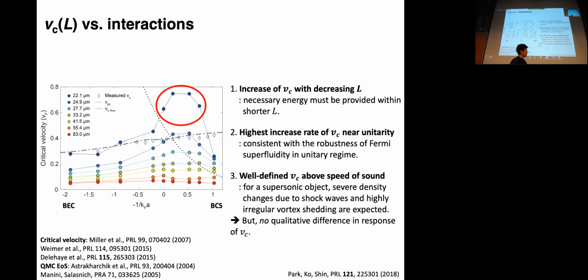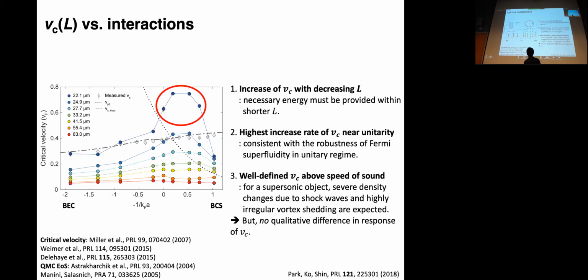The third observation is that for the shortest travel distances that we explore in our experiment, we see rather well-defined vortex shedding critical velocities that exceed the speed of sound. And although in this data set it's only shown near the unitary regime, if we further reduce the optical travel distance, we can also see them on the BEC side of the resonance. And if you think about it, that's kind of surprising, because for a supersonic object, you expect to see shock waves form in the front of your optical beam, and then the vortex shedding pattern should be very irregular behind your optical beam.